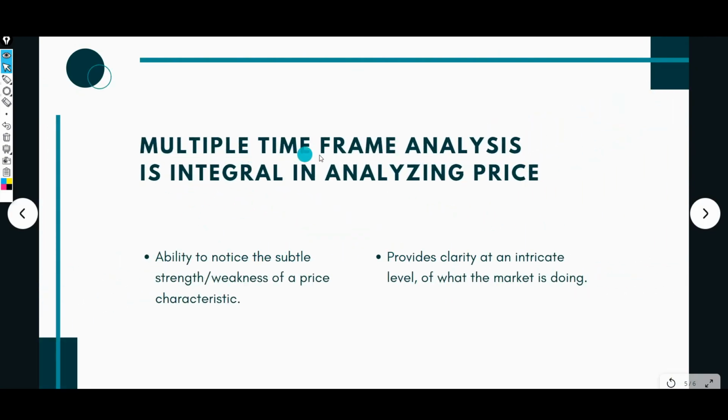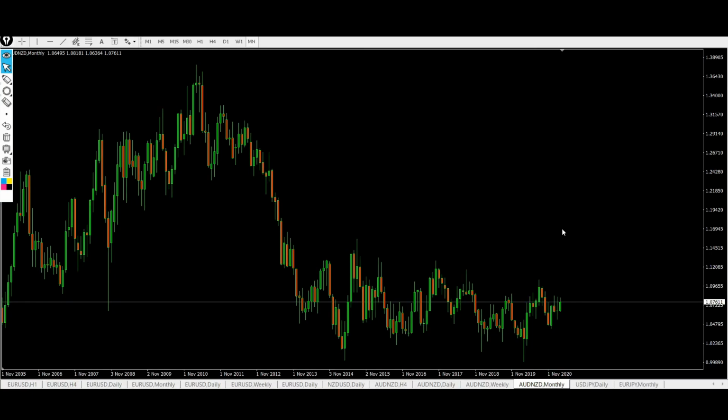Okay, so multiple time frame analysis is integral in analyzing price because first of all, it gives us the ability to notice the subtle strength or weakness of a price characteristic, right? So we learn that this monthly trendline down price characteristic, what was originally a +10 future short strength, was actually only a +6 future short strength, right?